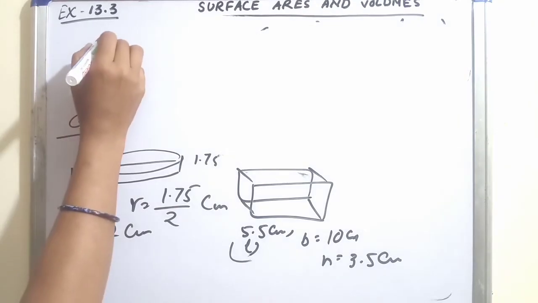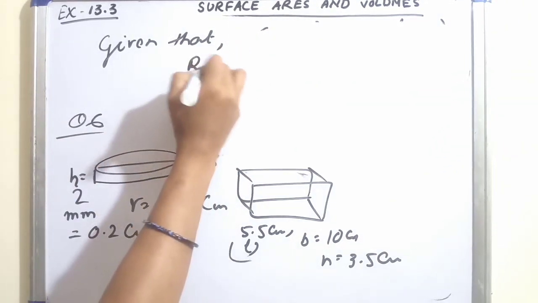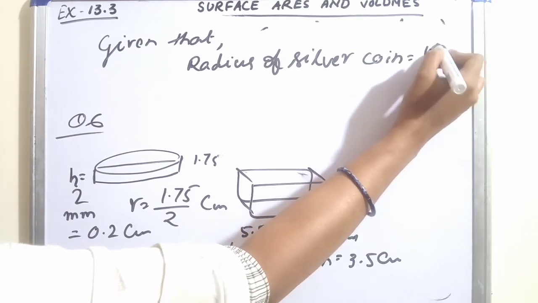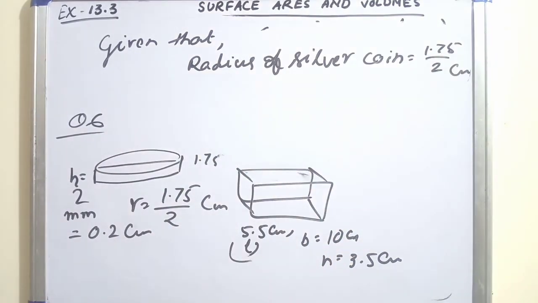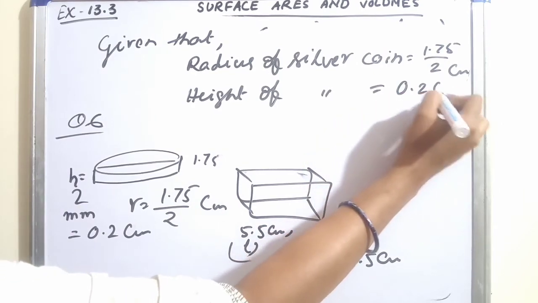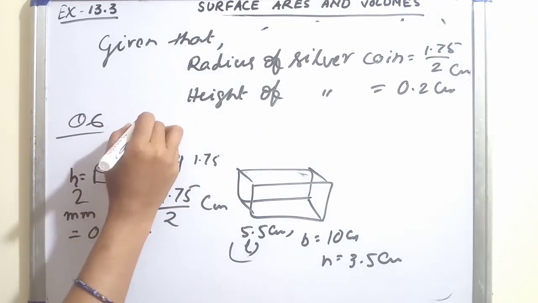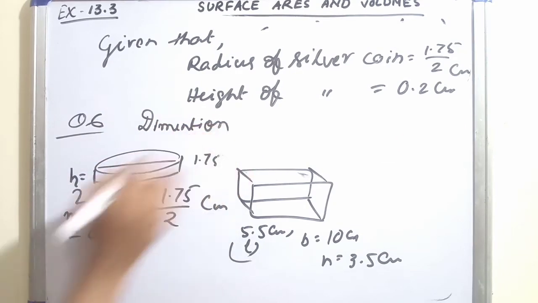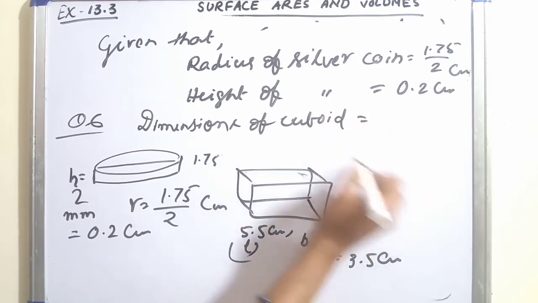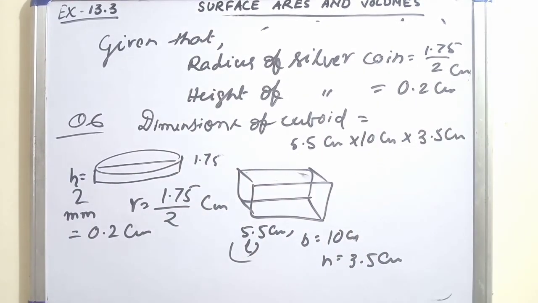So here given that the radius of silver coin is equal to 1.75 by 2 centimeter and height of silver coin is equal to 0.2 centimeter, and dimension of cuboid is equal to 5.5 centimeter into 10 centimeter into 3.5 centimeter.